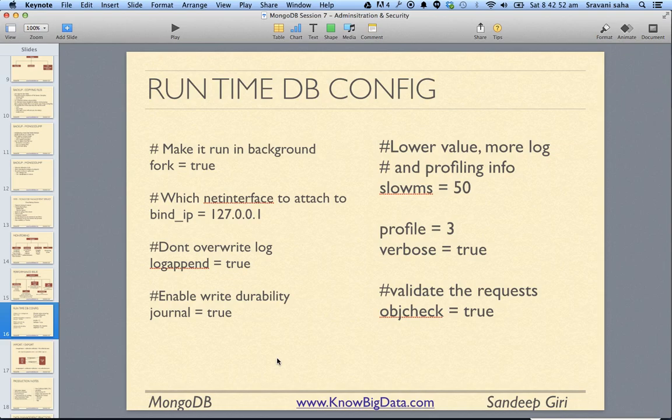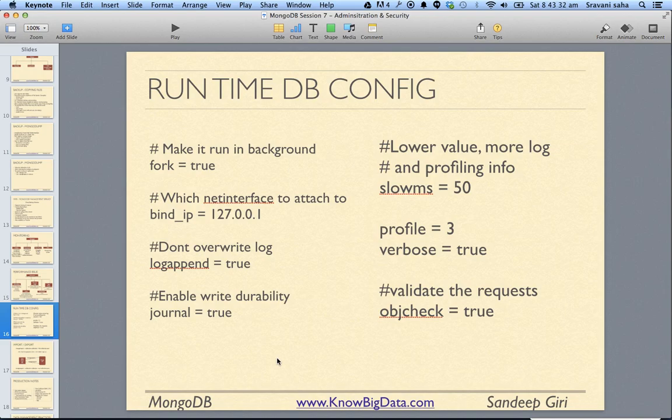And profile level 3 means that more frequently it will be generated. If you say verbose equals true and profile equals 3, profile equals 3 will increase the amount of information going into the system.profile database, and verbose equals true will start to give more log information. So if you have no clue and you love to look at the logs, you should turn these things on.